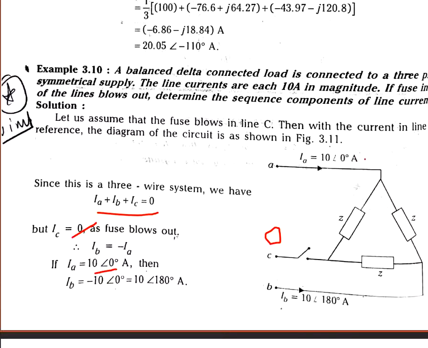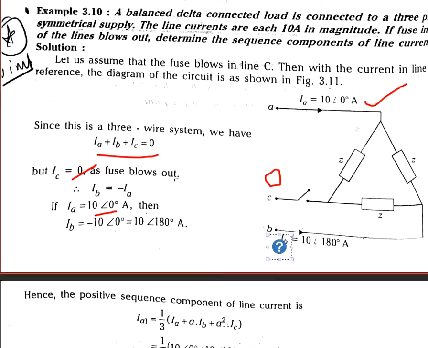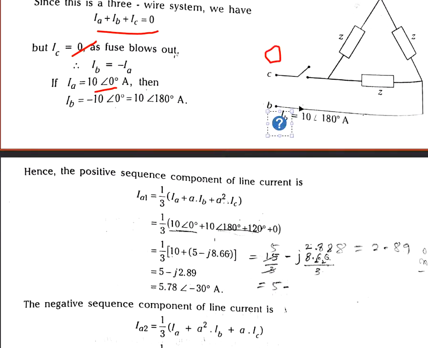So IB is minus of IA, which means minus 10 at an angle 0, and that becomes 10 at an angle 180 degrees. Now you know the values of IA, IB, and IC is 0.